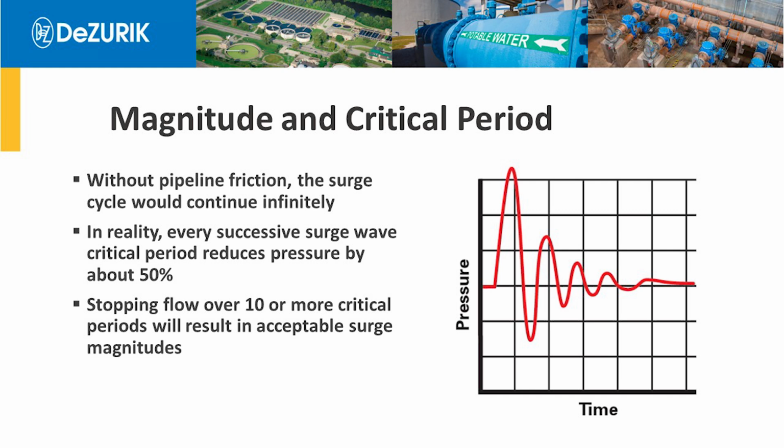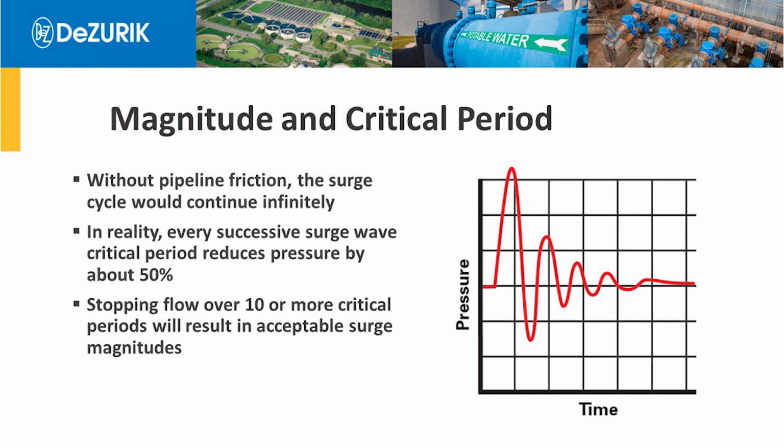As I said, surges are caused by abruptly changing the fluid velocity. So in a pump station where you're using a variable frequency drive pump, calculating 10 critical periods gives you an indication, when you're doing your pump selection, of how slowly that pump needs to ramp up and ramp down if you're using a variable frequency drive pump.